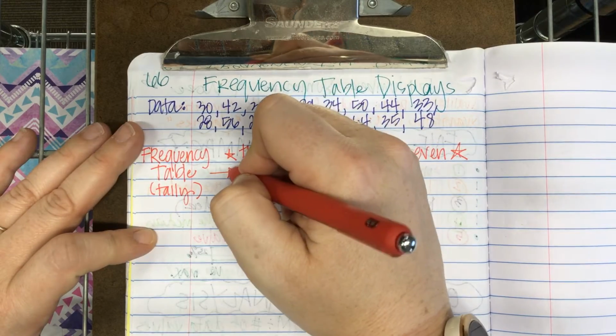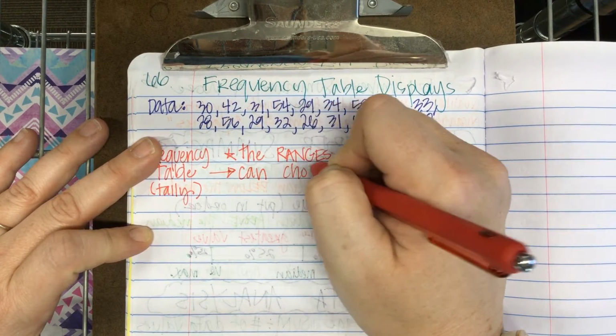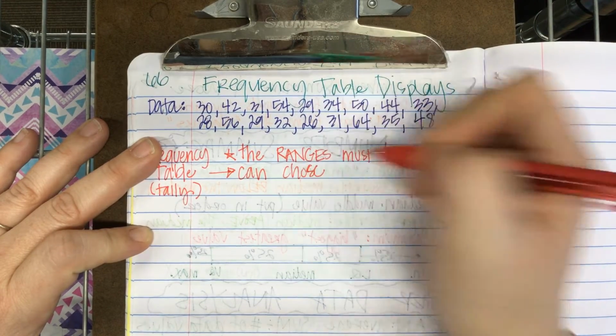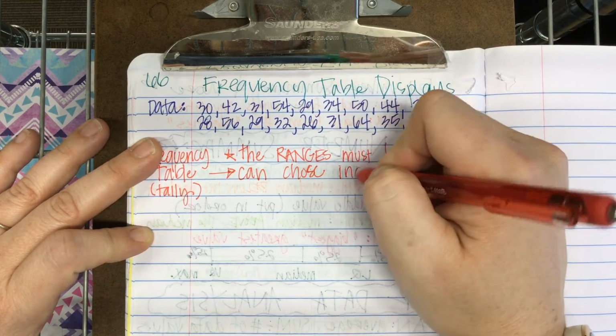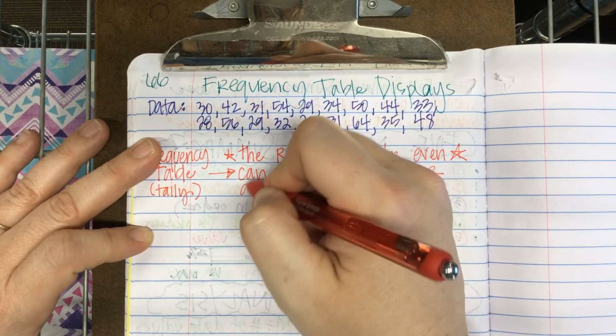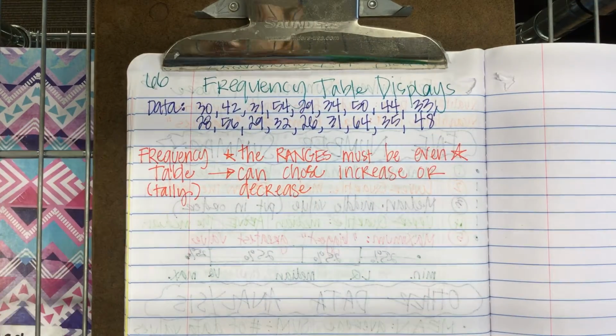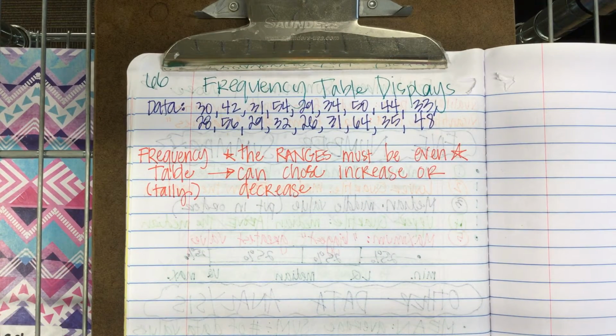You can choose to increase or decrease. Meaning, when I do my frequency tables for a test, I start with the 90s, and then underneath that I do the 80s, and then underneath that I do the 70s.